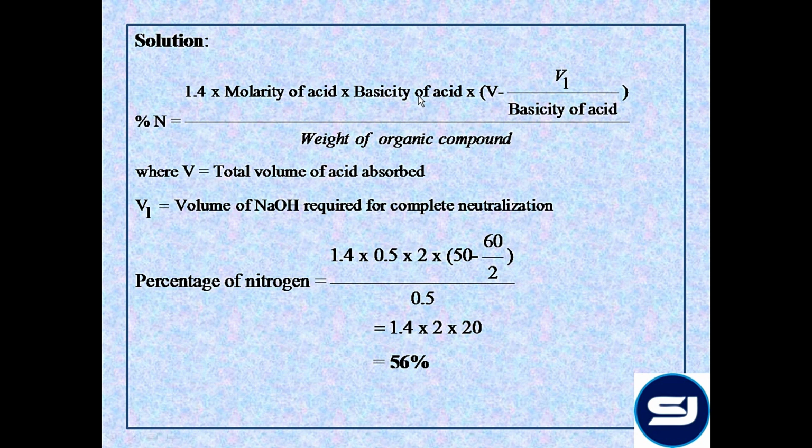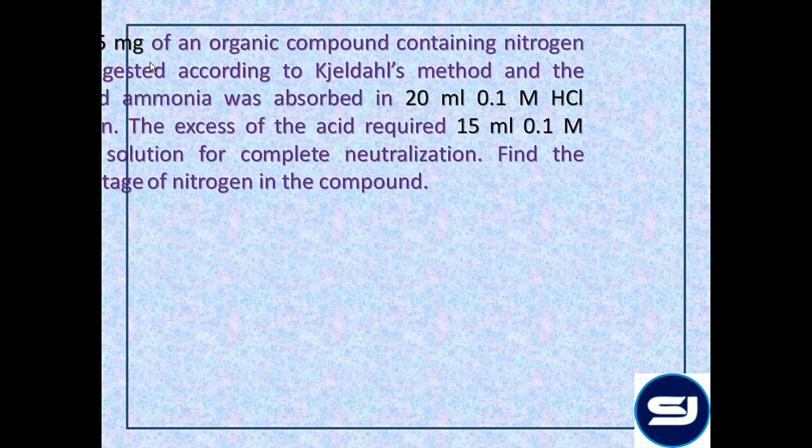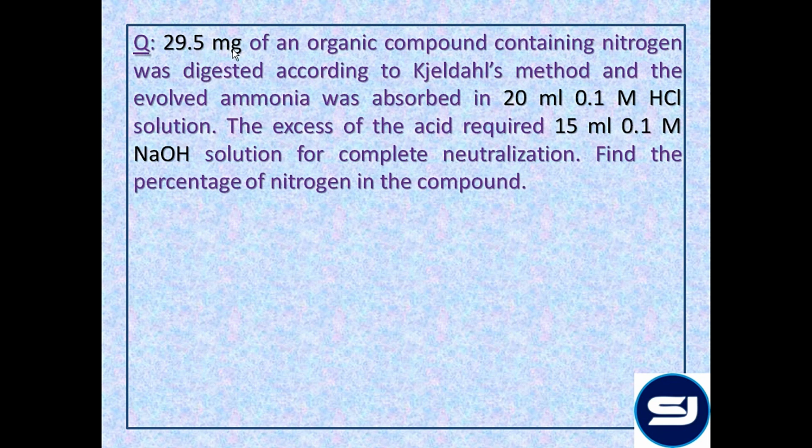So let's see one more question. 29.5 milligram of an organic compound containing nitrogen was digested according to Geldahl's method, and the evolved ammonia was absorbed in 20 ml 0.1 molar HCl solution. The excess of the acid required 15 ml 0.1 molar NaOH solution for complete neutralization. Find the percentage of nitrogen in the compound.